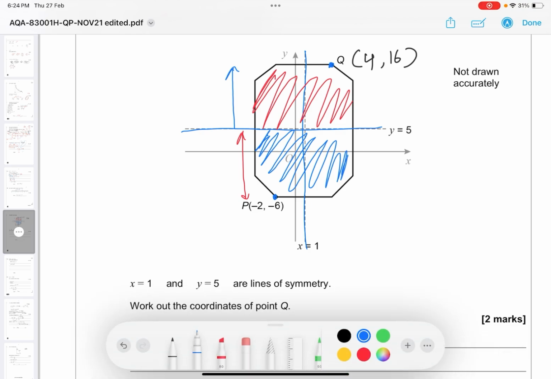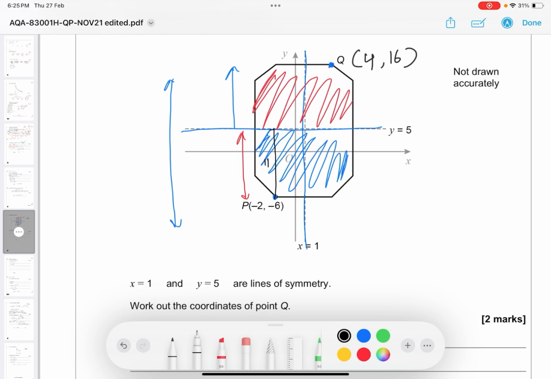Now let's count with me. What is the distance in the y-axis? We are moving vertically, right? So tell me, what is the distance between negative 6 and 5? So you got it correct. It's 11 units over here.